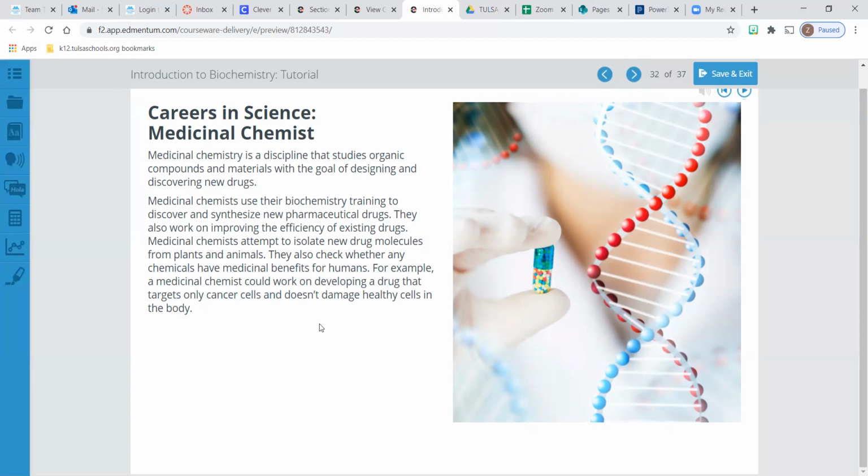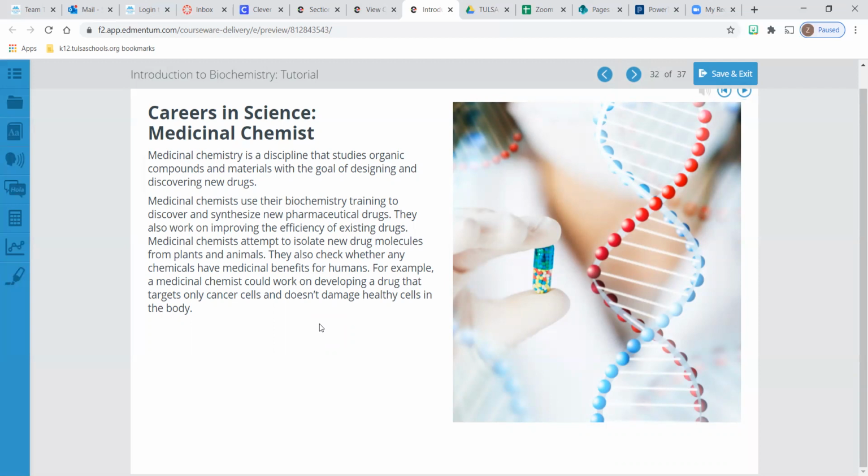And you could also improve existing drugs and make them less harmful in some cases, because I know a lot of drugs may have side effects that are just as bad, or even worse than what they're trying to treat.